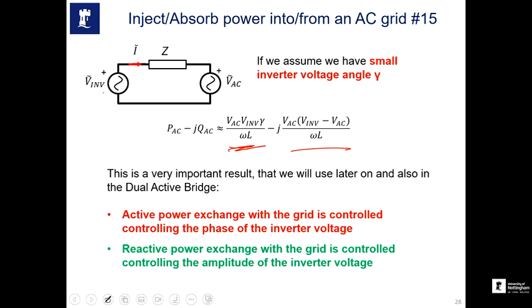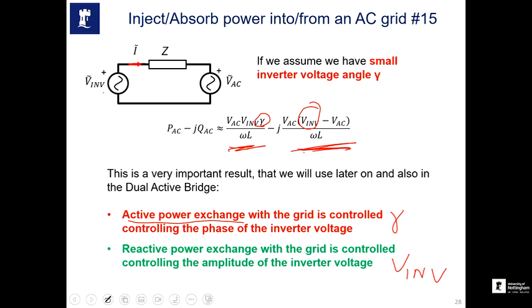So basically, by doing this approximation, we get a generic expression for active power and reactive power. Now the active power exchanged with the grid is controlled by, as you can see, this phase angle gamma. So gamma is controlling the active power, and the reactive power is controlled by the amplitude of the inverter voltage, V inverter, because the rest of the things are pretty much fixed.